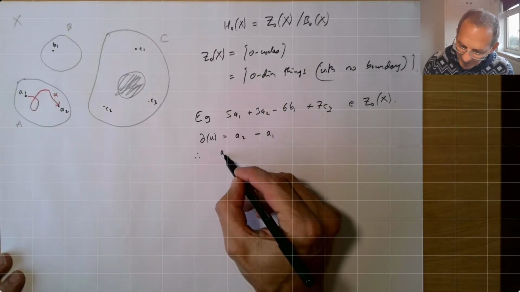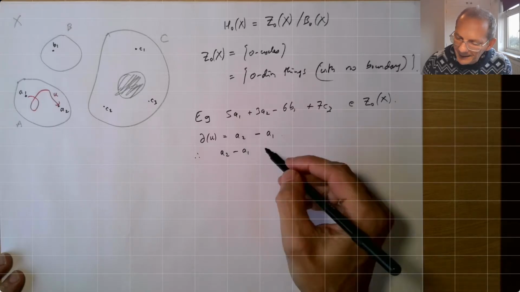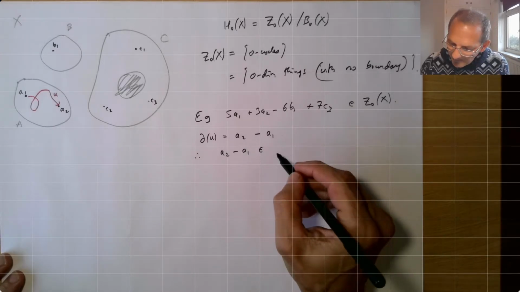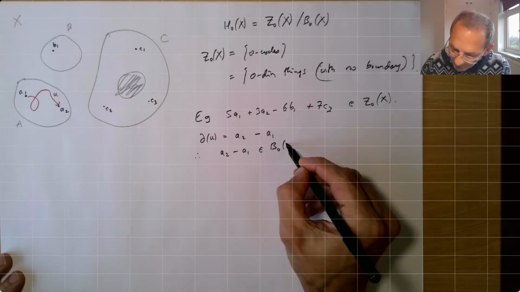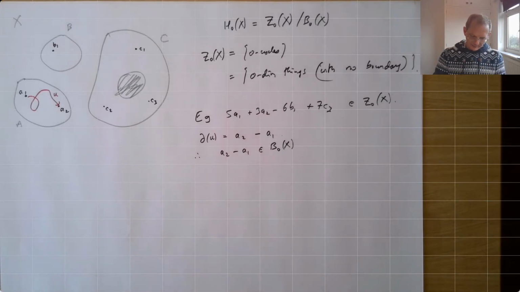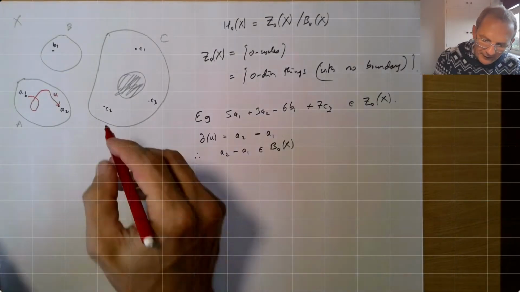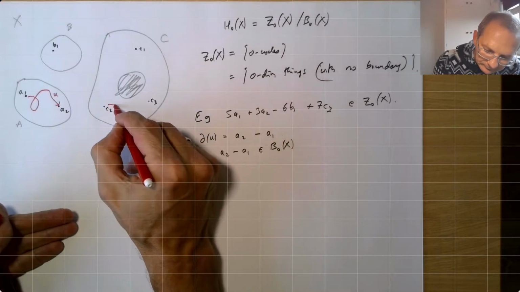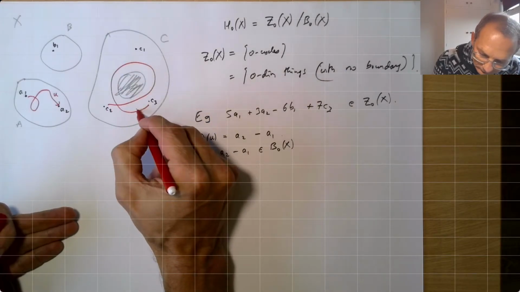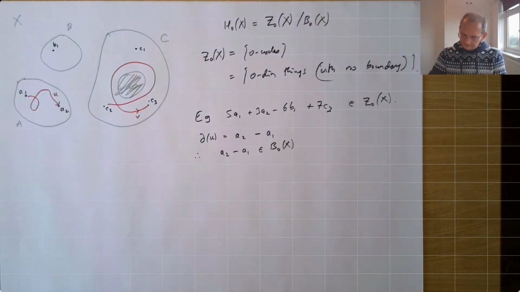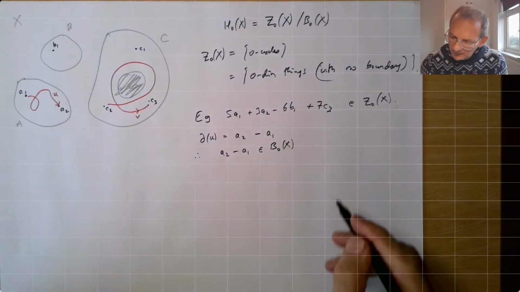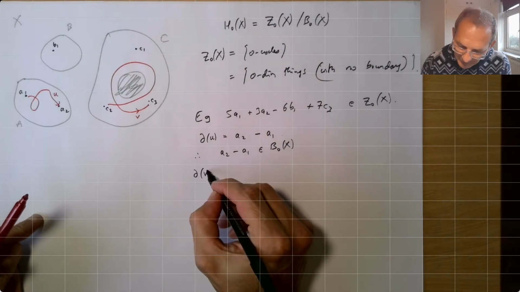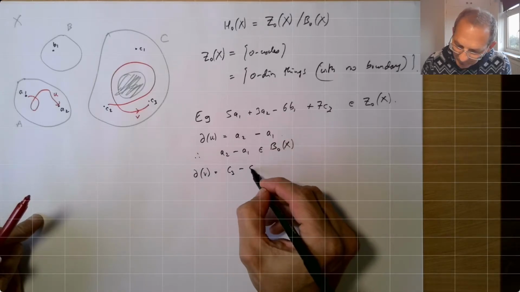So that means that the expression A2 minus A1 is the boundary of something, so that's in B0X. Actually, we could also have a path, say V here. And dV is then going to be C3 minus C2.